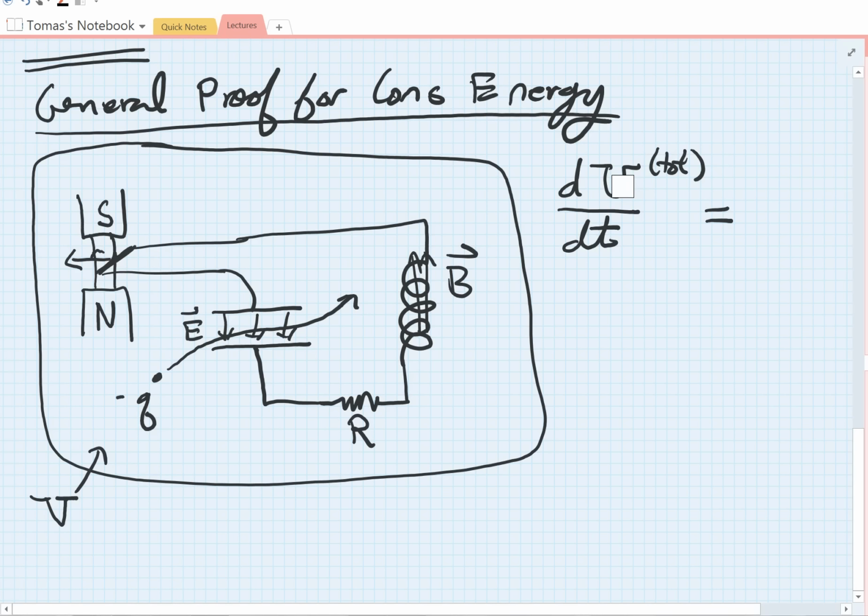And the rate of change of that, if I'm dissipating power, if I'm getting power out of the system, is going to be minus any power that comes out of the system, any work that these fields do on any moving charged particles. And we've already discussed how we know this would be a minus sign because we're talking about power coming out. Positive power out means decreasing the total energy stored in the system.